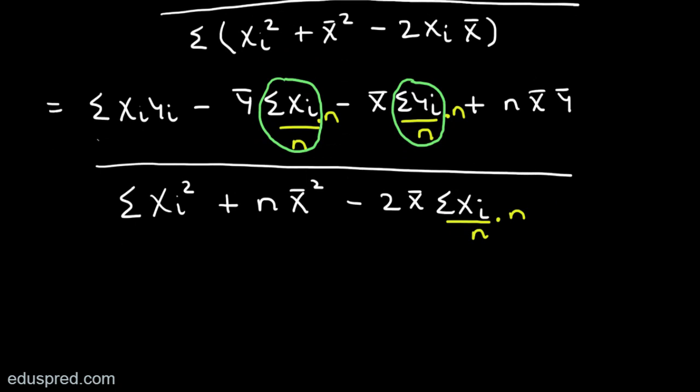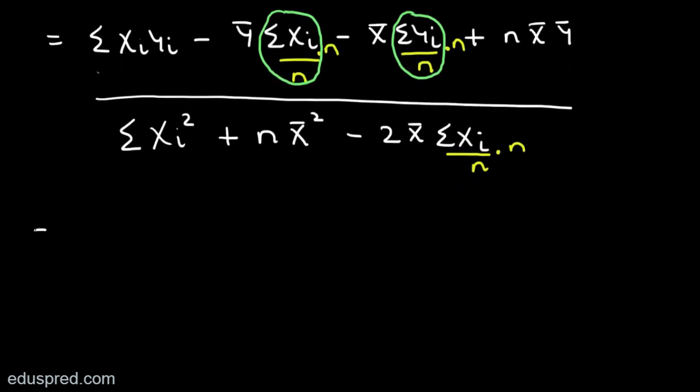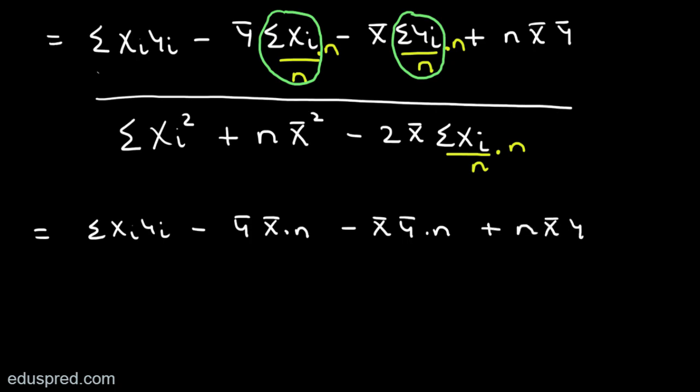So that means I can write that the numerator is summation capital Xi capital Yi minus y bar multiplied by x bar multiplied by n minus x bar y bar multiplied by n, and then we have plus n x bar y bar. So this is the expression that we have for the numerator, and now as you can see, this and this get cancelled, right?